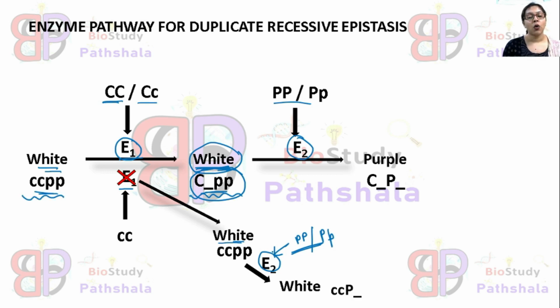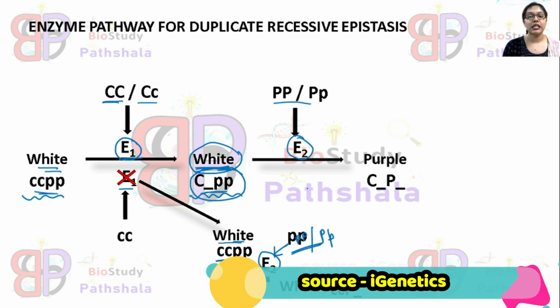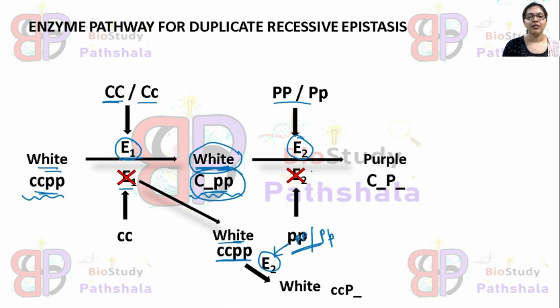So here, although the functional E2 enzyme is present, it cannot show its effect because here the genotype is small c, small p. Now if homozygous recessive condition of P gene is present, then it leads to formation of non-functional E2 enzyme. That means again here the E2 enzyme cannot act.